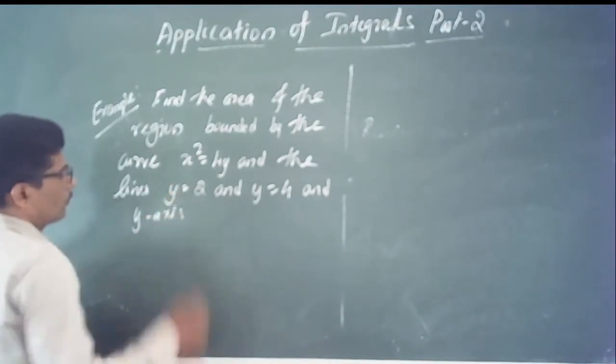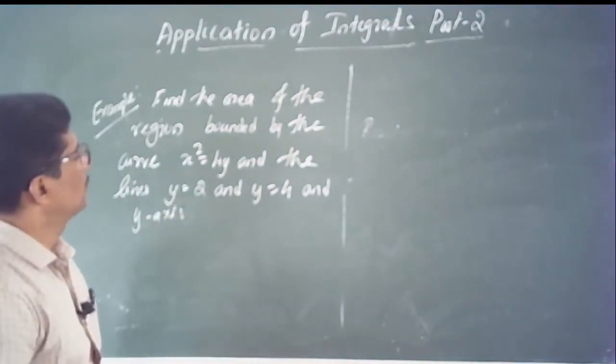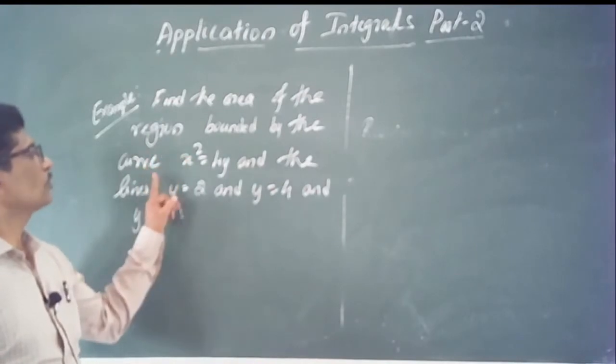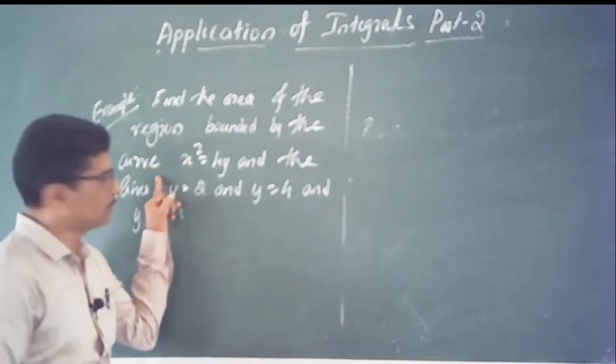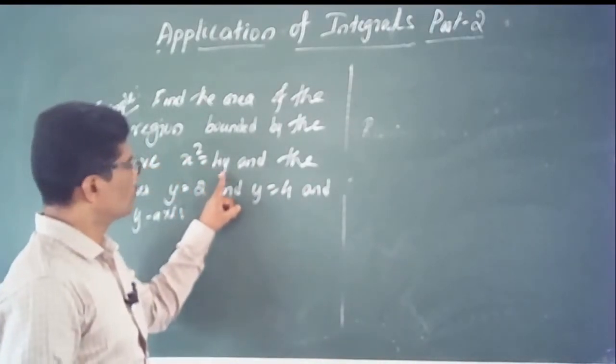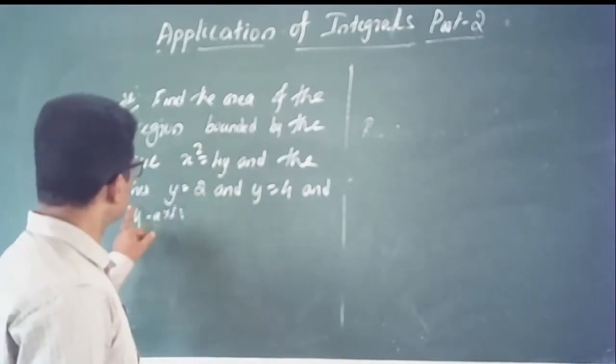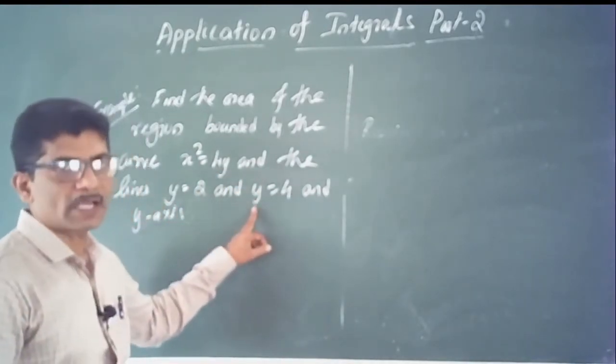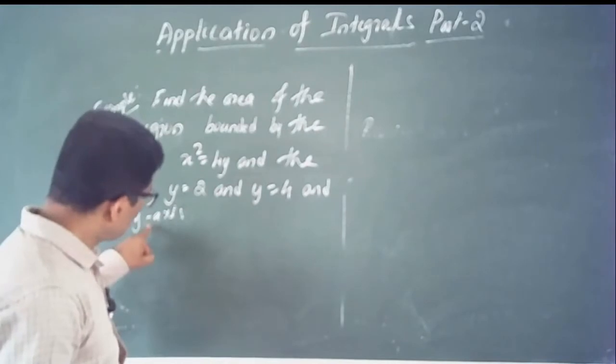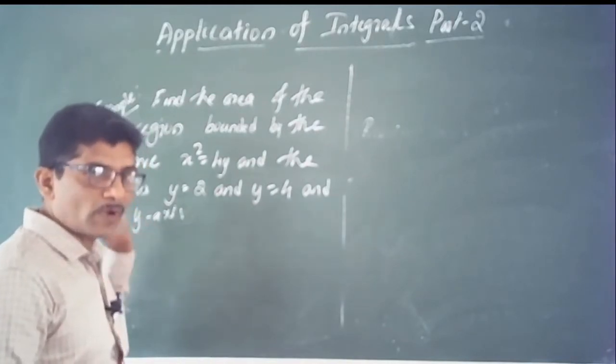Similar type problems. Here the given curve is x square is equal to 4y and the lines y is equal to 2 and y is equal to 4, with respect to the y-axis.